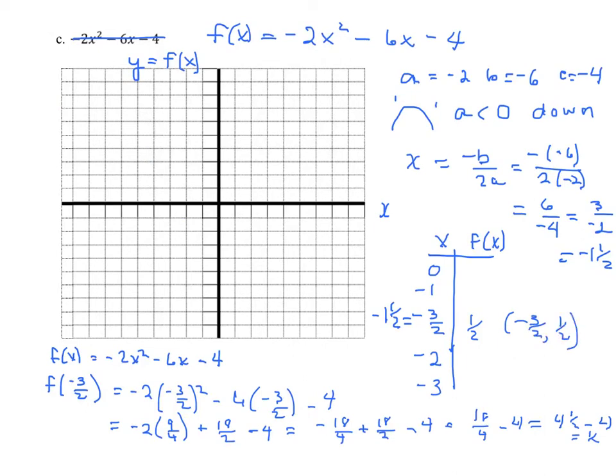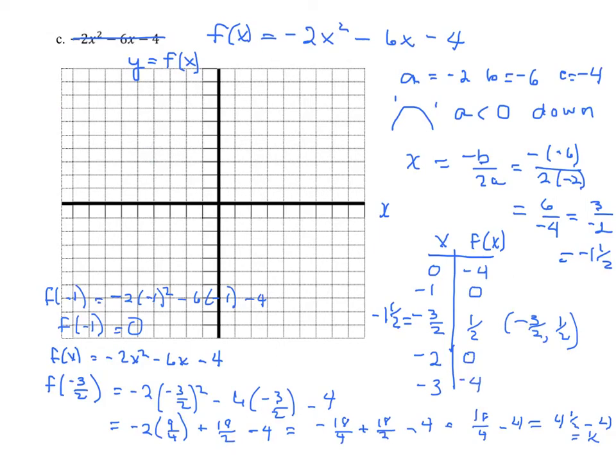Now, when you go to plug in negative 1, f of negative 1, I put negative 1 everywhere I see an x. When I do that, and I get my handy-dandy calculator out, I'll get 0. So this is 0, and this guy is negative 4 when you go to plug in 0. So that means I have symmetry here, so that'll be 0 and that'll be negative 4.